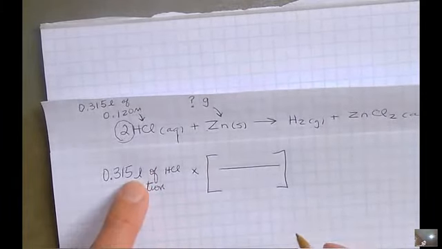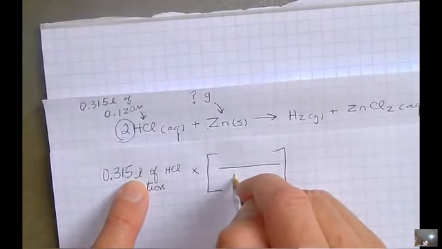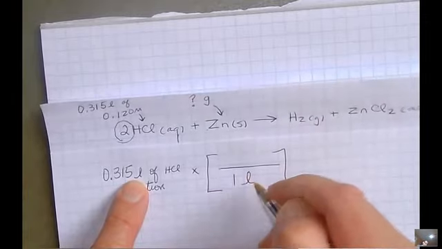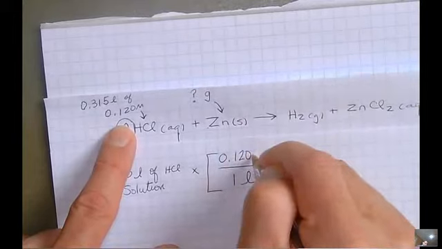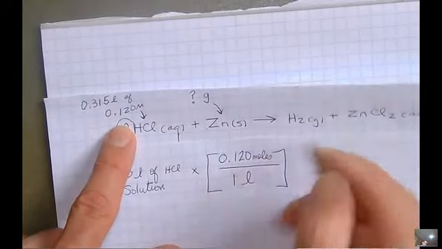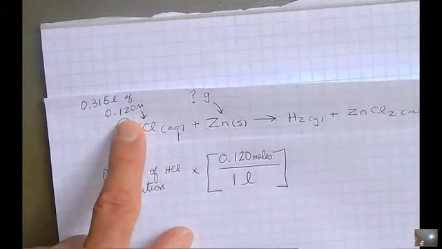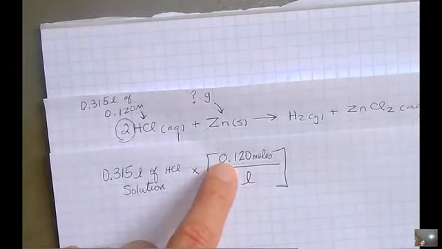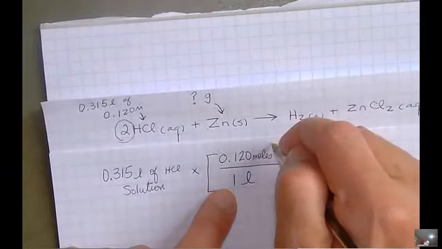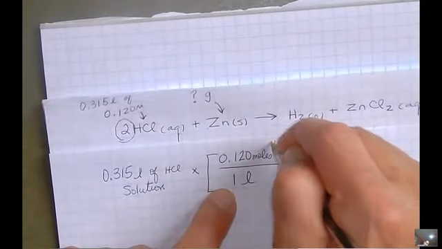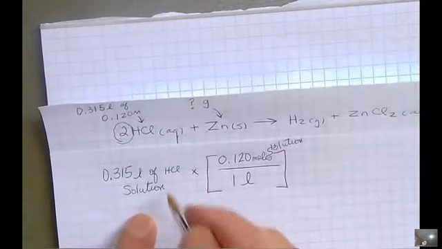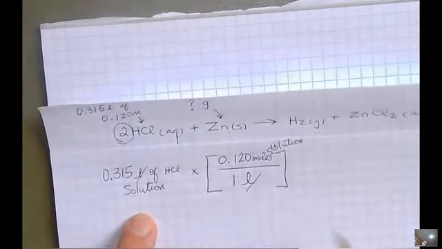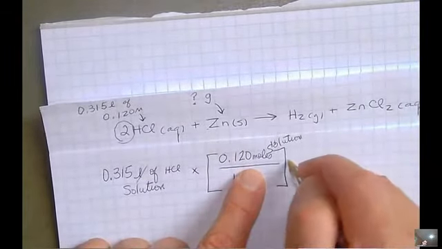Okay, well, I got liters on the top here. I'm going to need liters on the bottom. For every 1 liter of solution, there are 0.120 moles. That's what 0.12 molar means. 0.12 moles in every 1 liter of solution. Okay, goodbye liters. Hello moles of HCl solution.